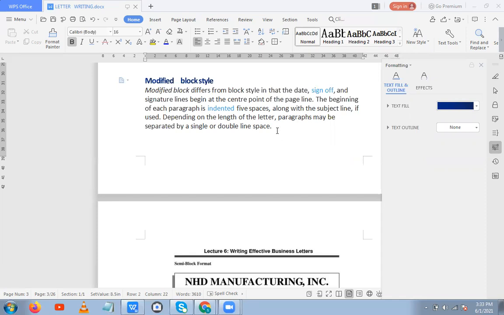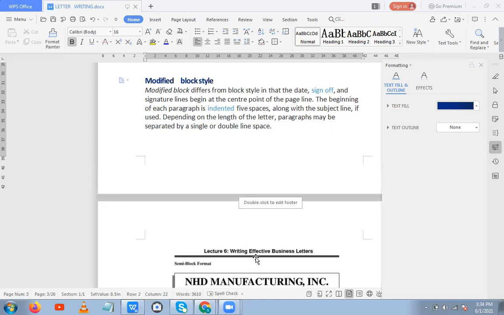The beginning of each paragraph is indented. So indented means it is in the middle. 5 spaces along with the subject line, if used. Depending on length of the letter, paragraphs may be separated by a single or double space line.